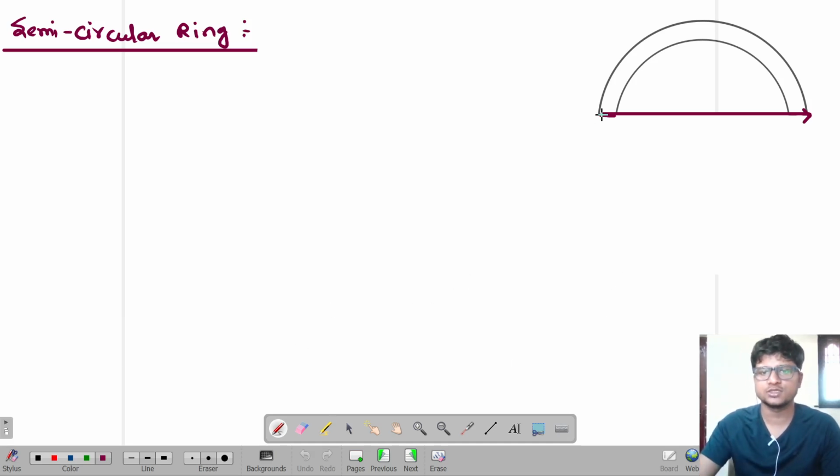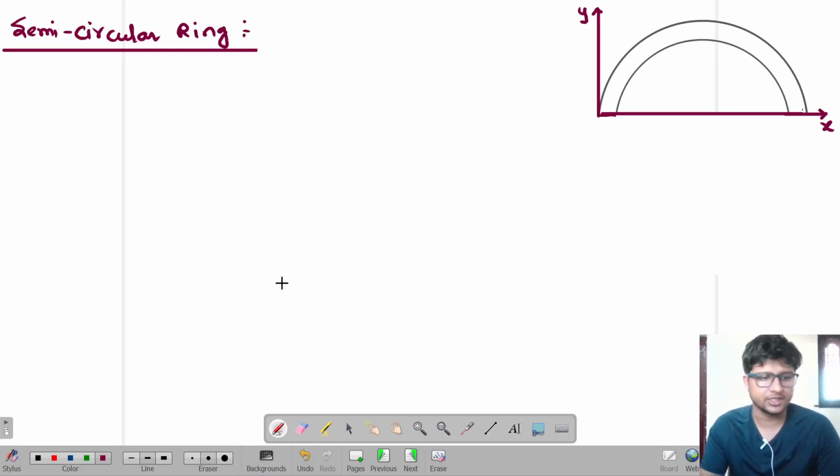Okay, so let's suppose this is my ring. Got it? And one is the x-axis, another one is the y-axis. So let's suppose this is your x-axis and this is your y-axis, and you want to find the center of mass. Right or not?